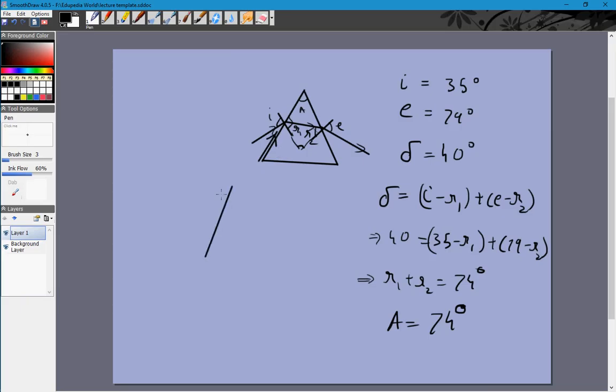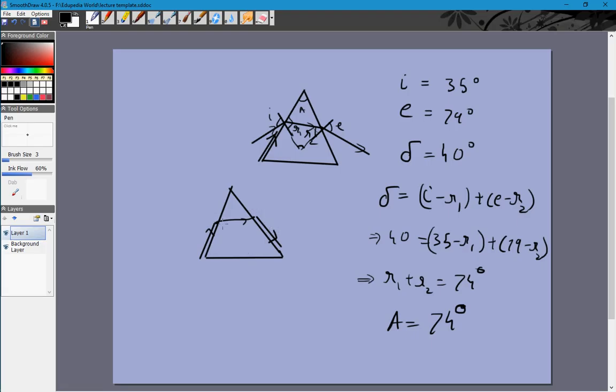And what we'll get is 1 into sine 90 is equal to mu into sine R. But because this is the symmetric case where R and R dash are the same, R can be written as A by 2, which we could put in the previous case. So that means mu sine A by 2 is equal to 1. A is 74, what is A by 2?